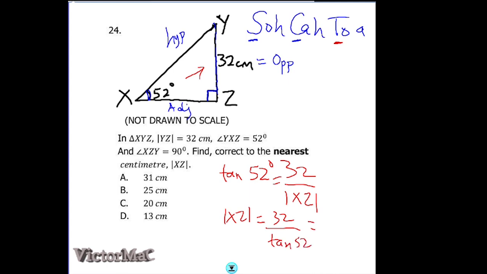And then when we find tan 52 degrees, the answer is 1.2799.